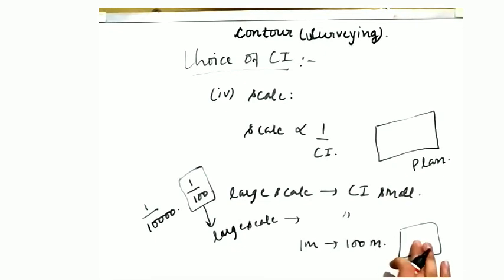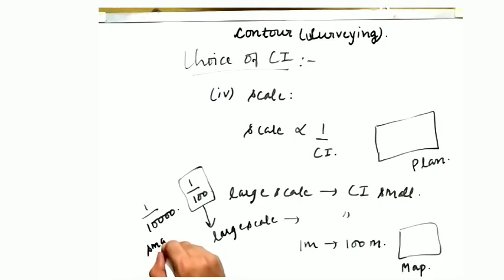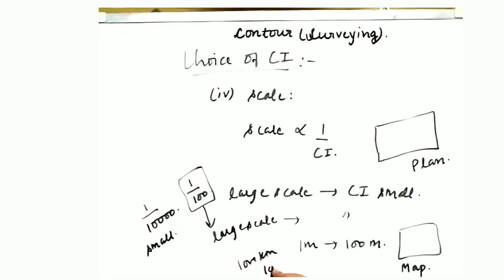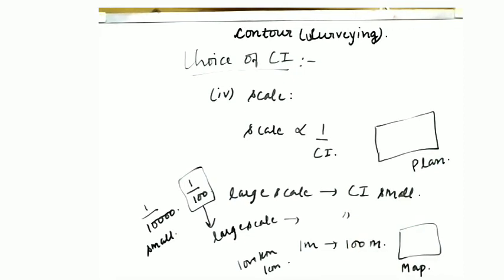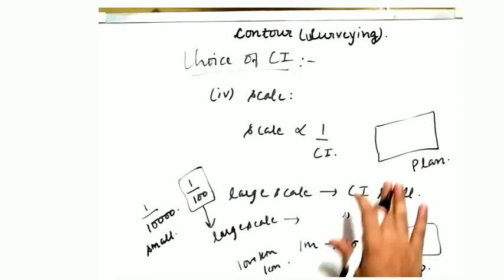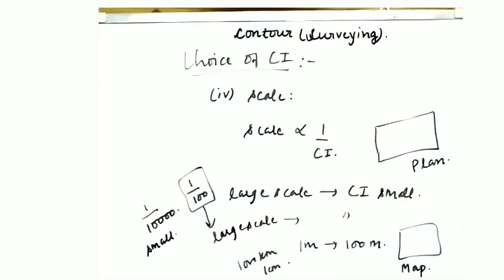You will have to go for large length to depict the smaller length. You will represent thousands of kilometers by 1 centimeter. But in a plan, you can represent much smaller lengths by 100 centimeters, since it does not cover much area.